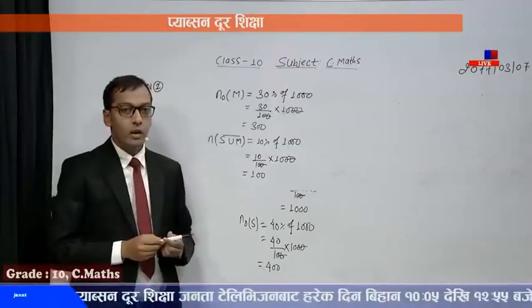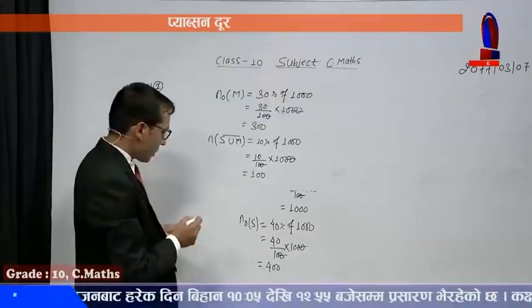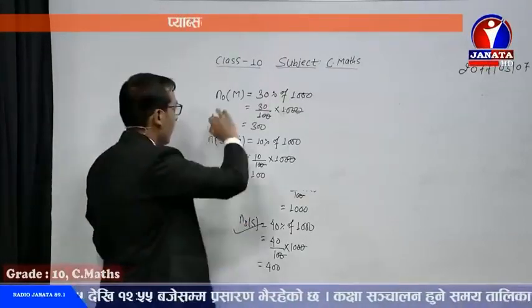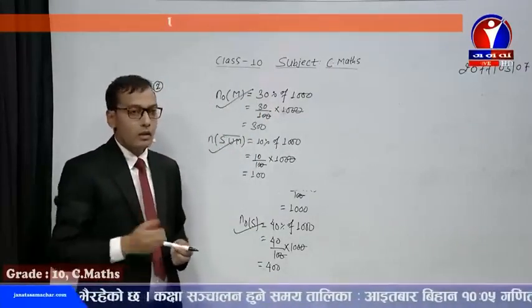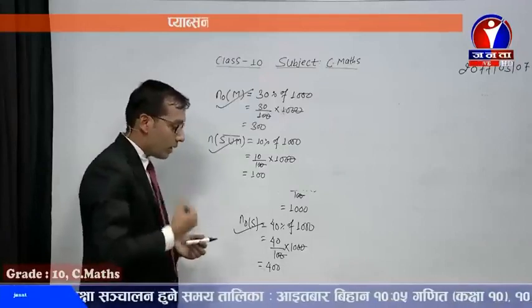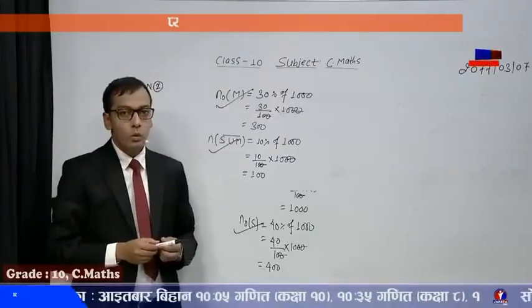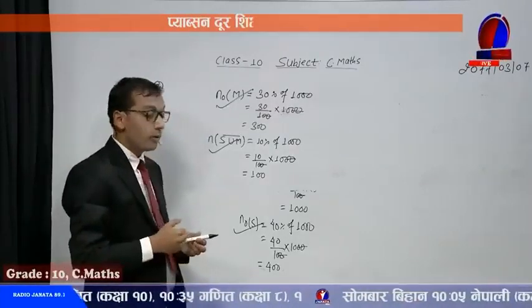Okay, so what is the question? How many of them failed in both science and mathematics? Let's have a short look at the given information. We have n(only S), n(only M), and the complement, but we do not have the intersection. So our today's main objective is to find the intersection of two subsets with the help of a Venn diagram.